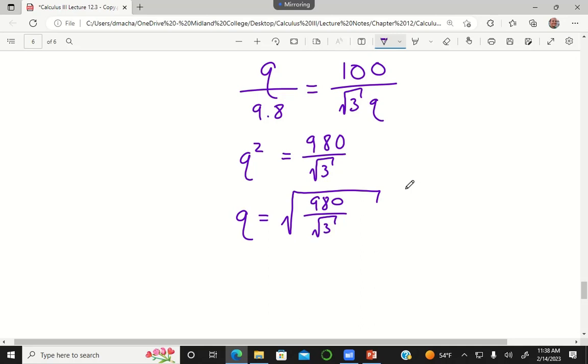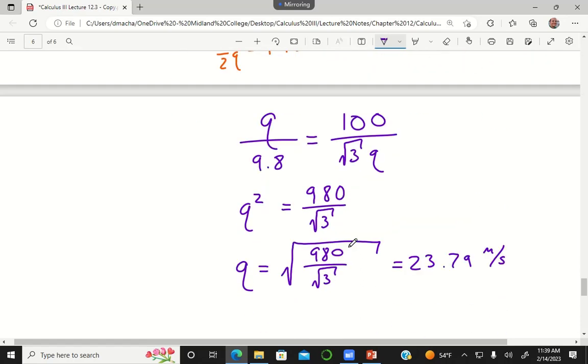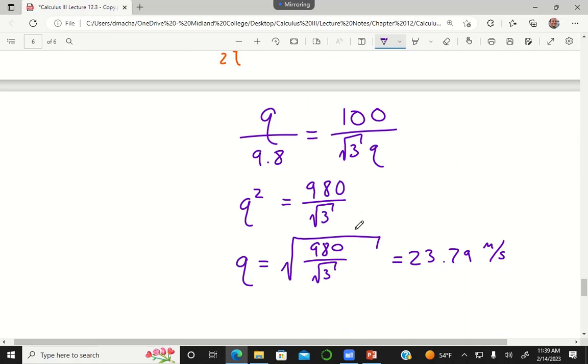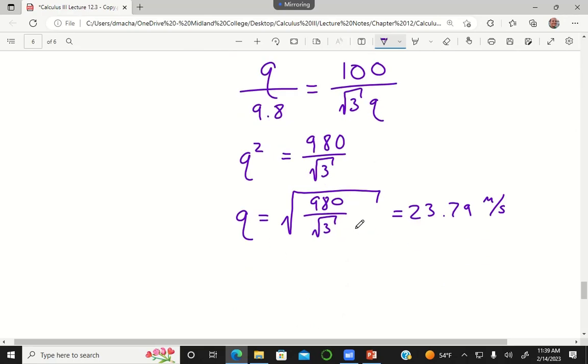You say 23.79 meters per second. Okay. Sounds kind of reasonable.